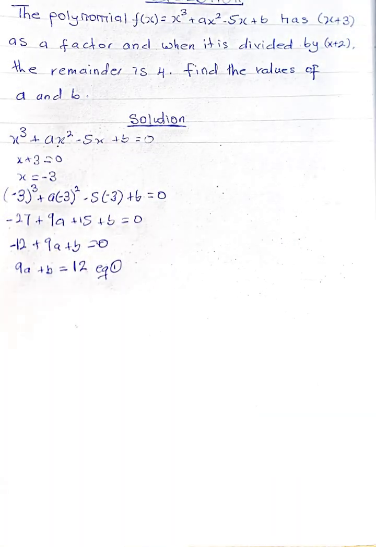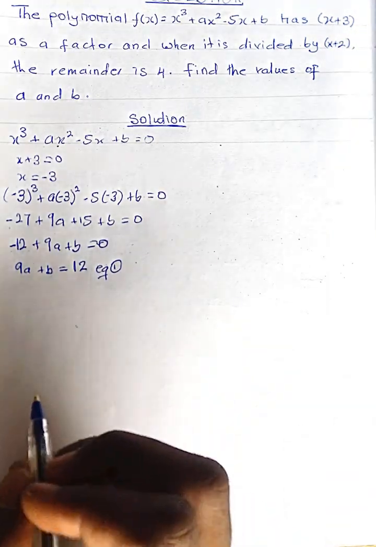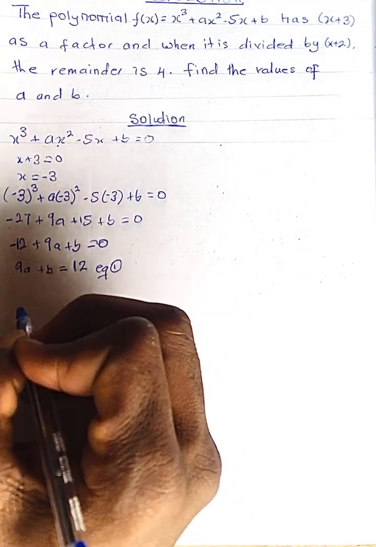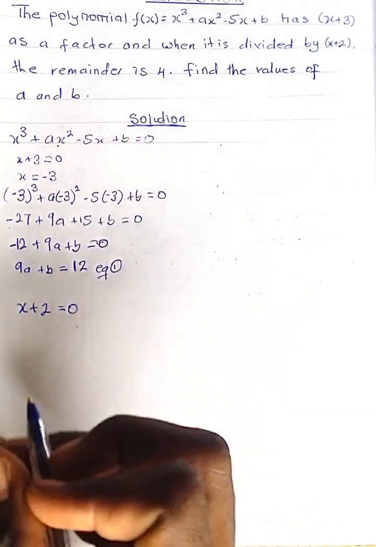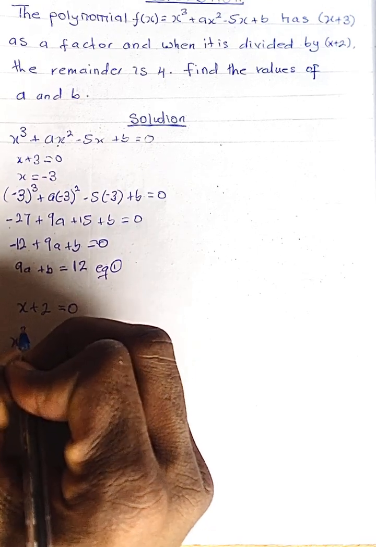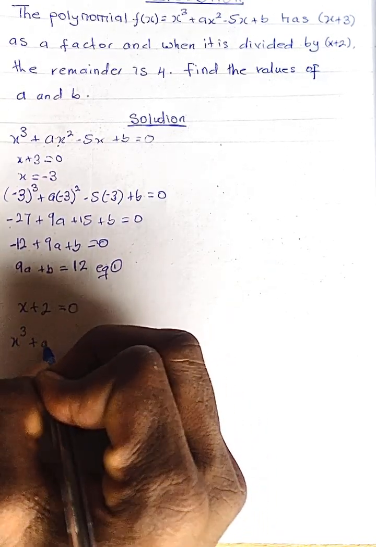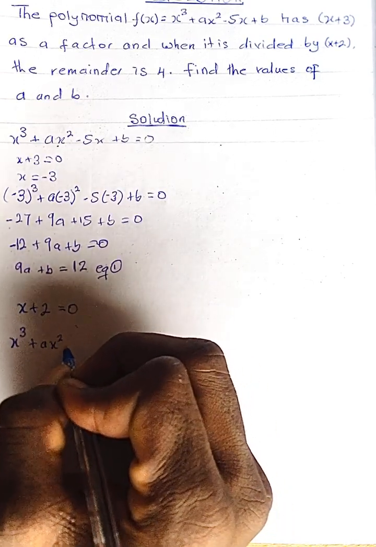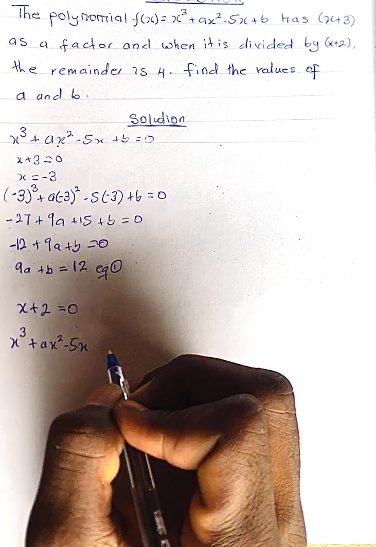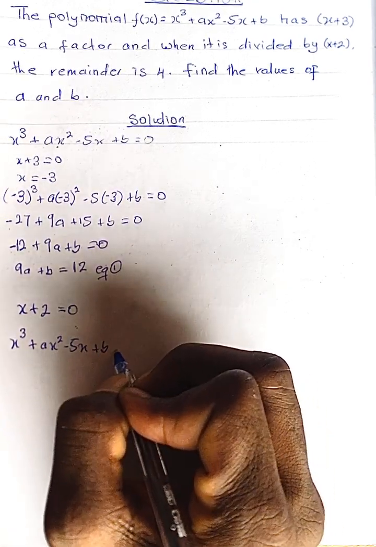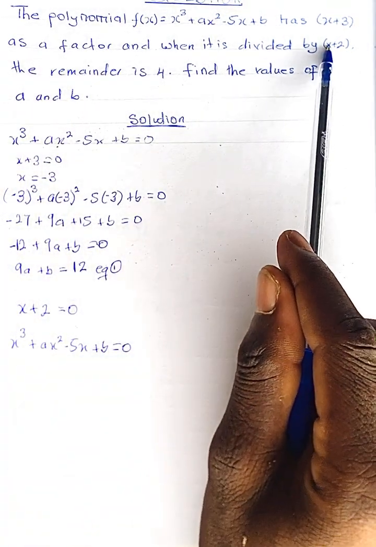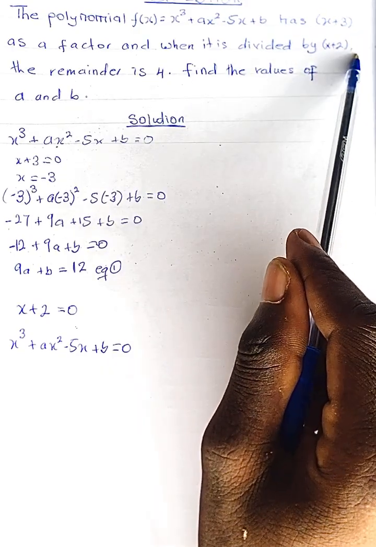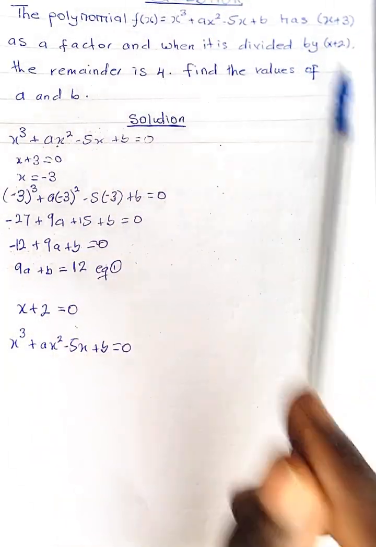So let's take the second factor, which is x plus 2 equal to 0. Then we substitute into the function, x cubed plus a x squared minus 5x plus b. But we were told in the question that when this function is divided by this factor, the remainder is 4.